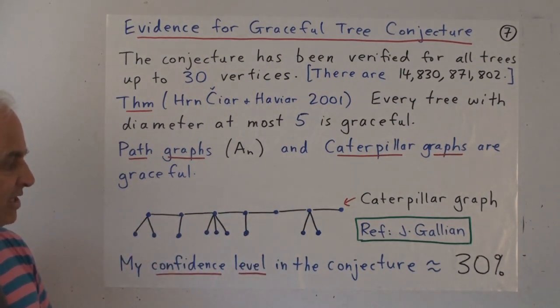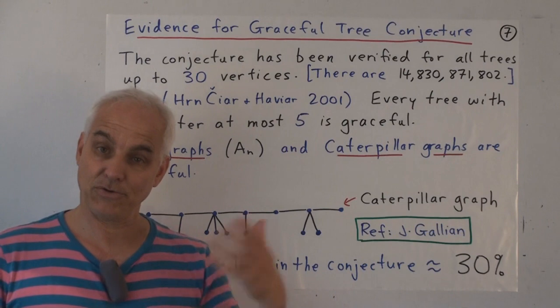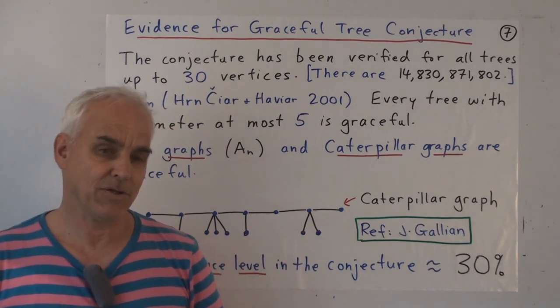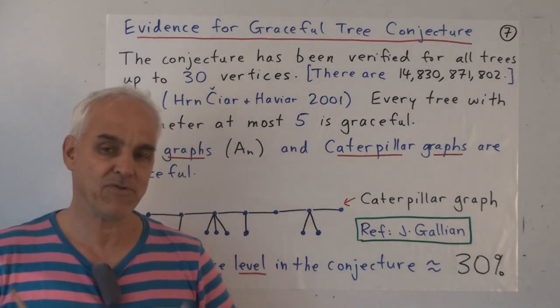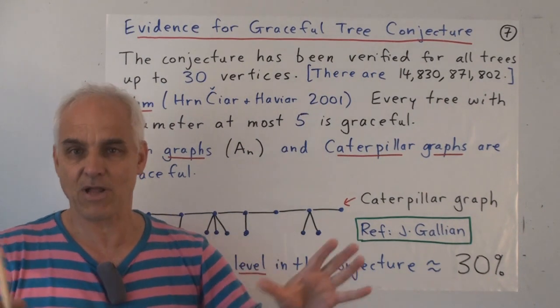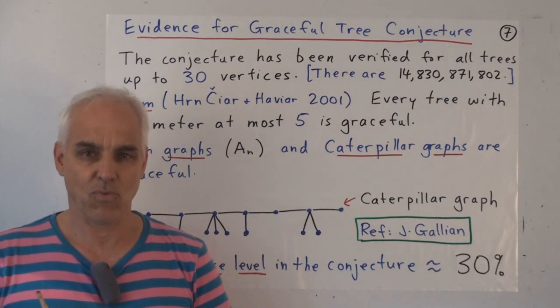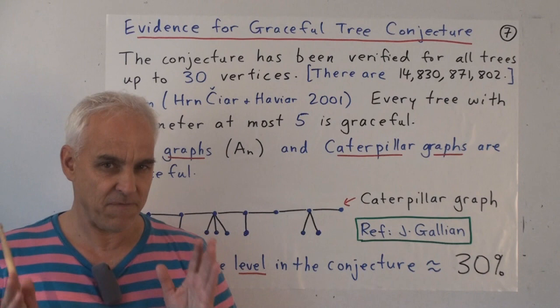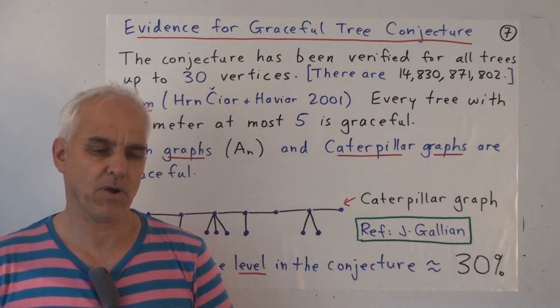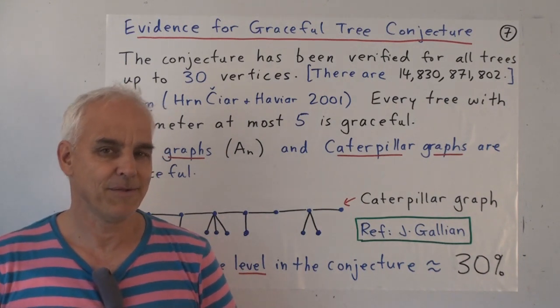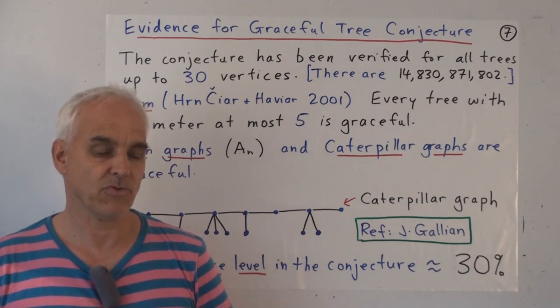Because I think that there's a reasonable chance that there's a counterexample, and also because we have not made a lot of very general progress towards this conjecture. We're still far from understanding what's really going on, which makes me think that maybe the conjecture is not true.